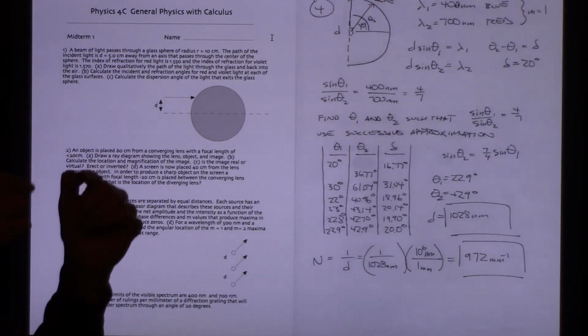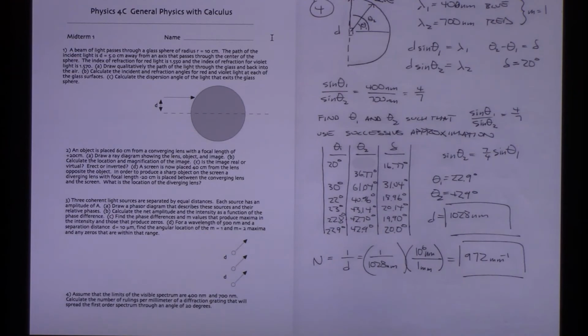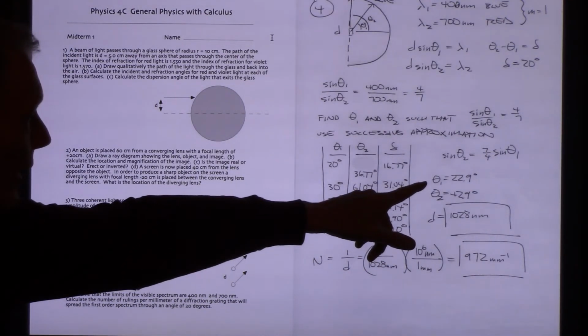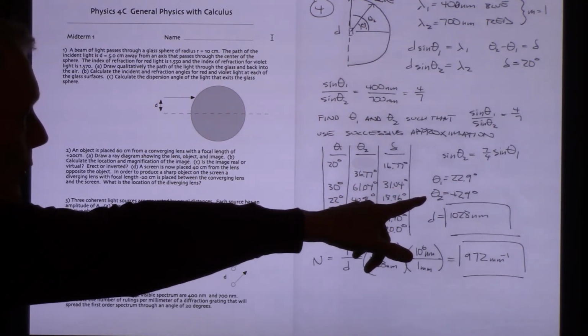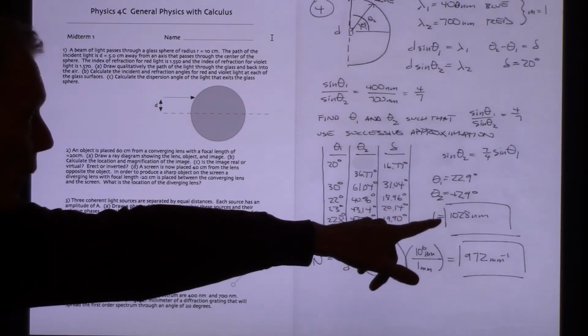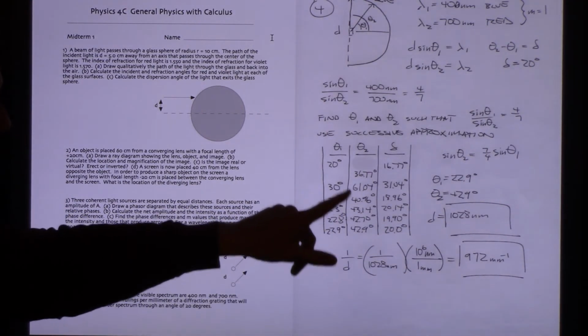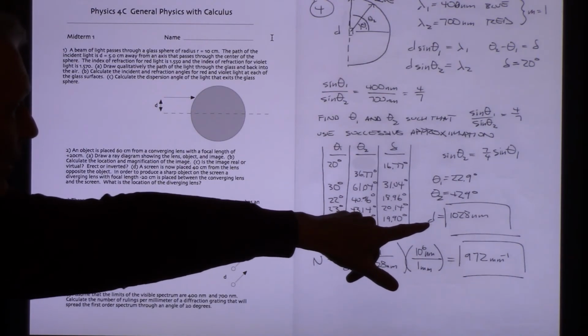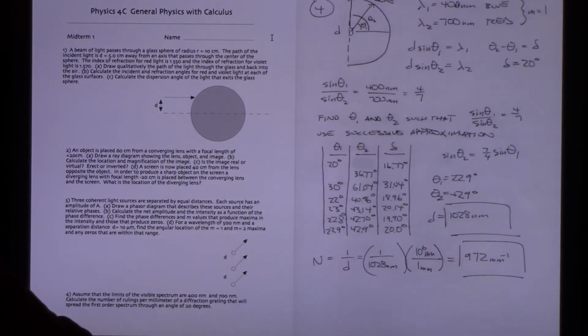I can do it by a series of approximations and demonstrate that's the answer. So I wrote down theta 1 is 22.9, theta 2 is 42.9. When I put that back into these formulas, both of them gave me a D value of 1028.